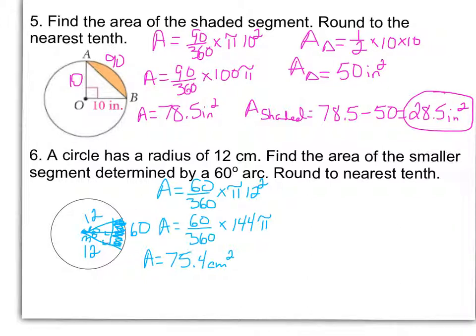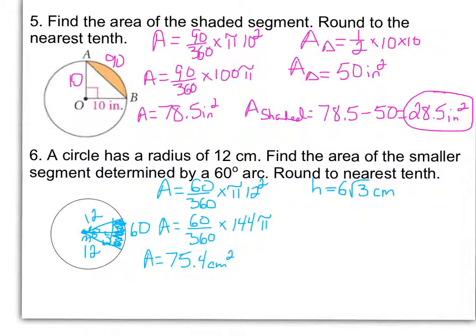This angle's 60. So I have a 30, 60, 90-degree triangle where my hypotenuse is 12, meaning the shorter side is 6. So my height in my triangle is 6 square root 3 centimeters.